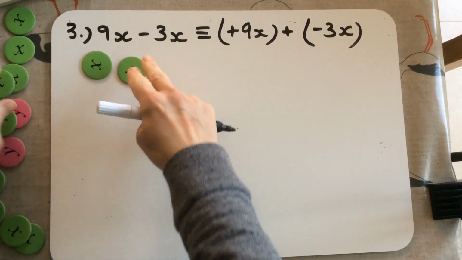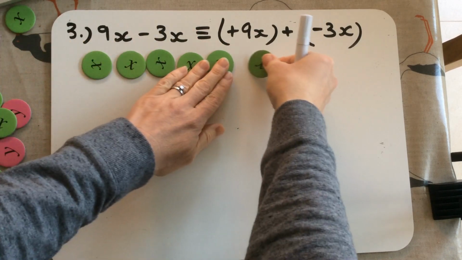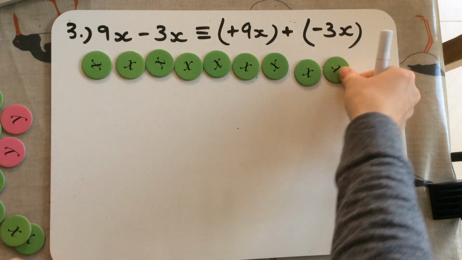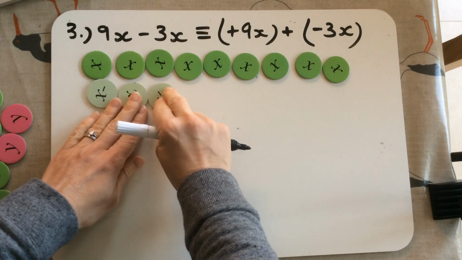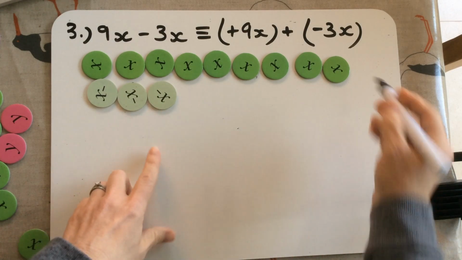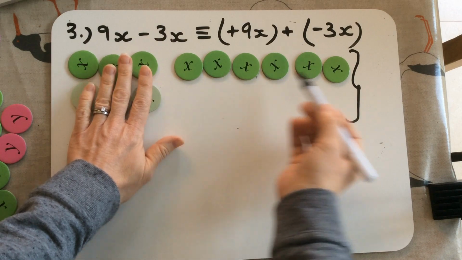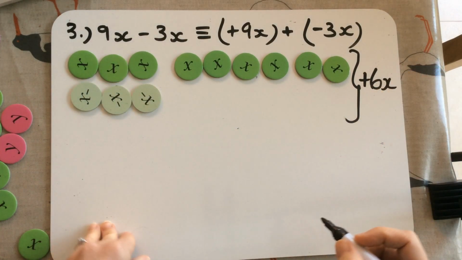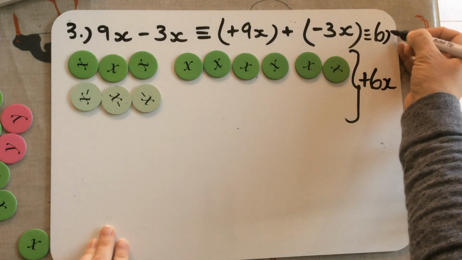So I need 9x's in my first row, and then negative 3x in my second row. I'm going to look for zero pairs, and there are 3. And so I'm now left with positive 6x. So 9x subtract 3x is identical to 6x.